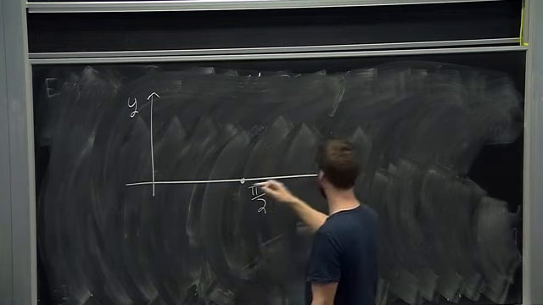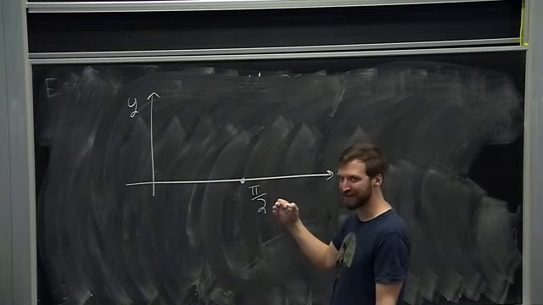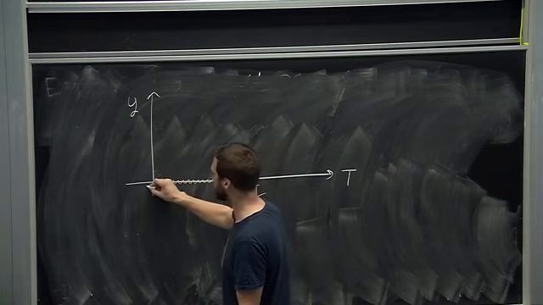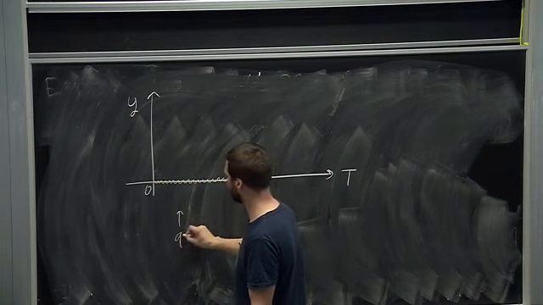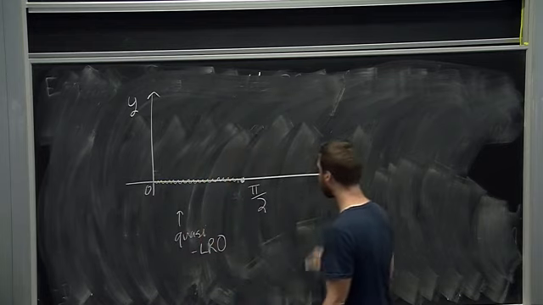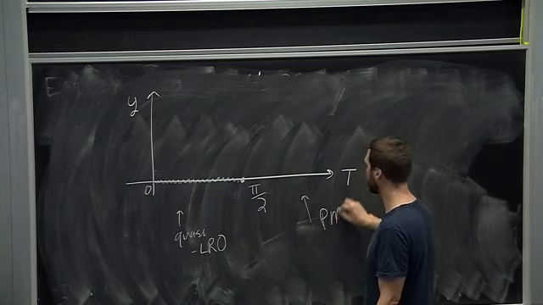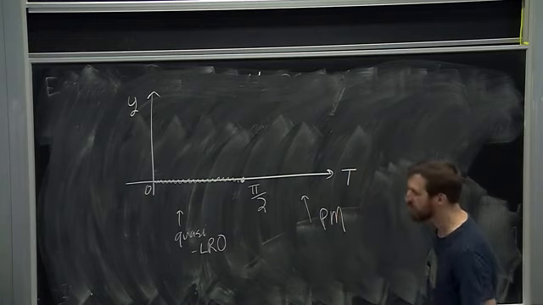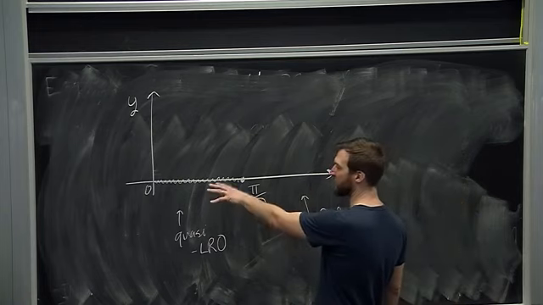Okay, so just remember, without any fugacity, this is my quasi-long-range ordered regime up to 0. And here's my paramagnetic phase. Right, so I have vortices up here, no vortices down here.